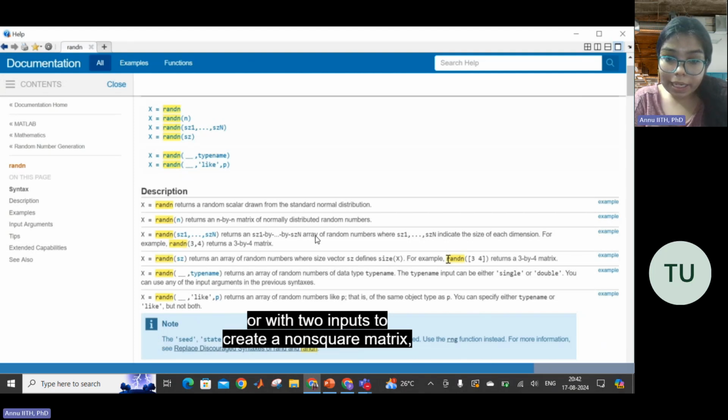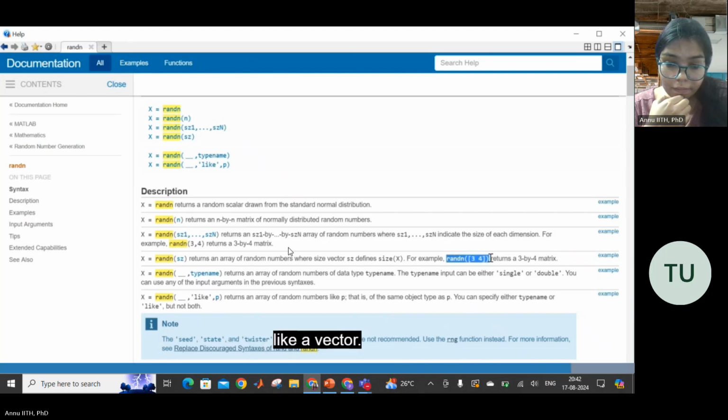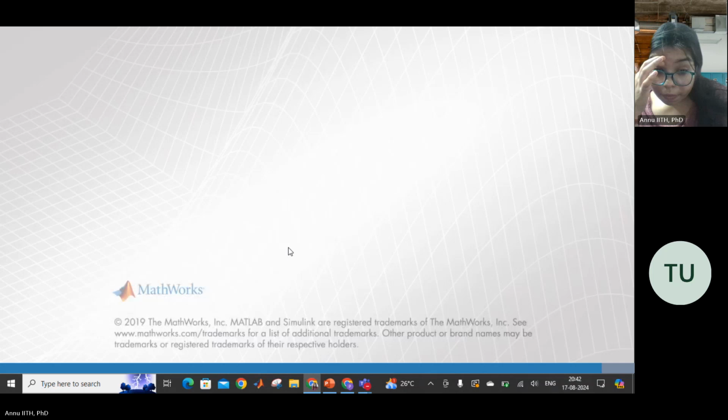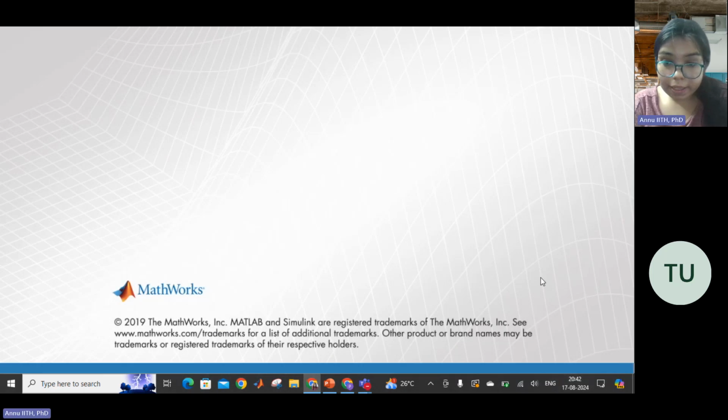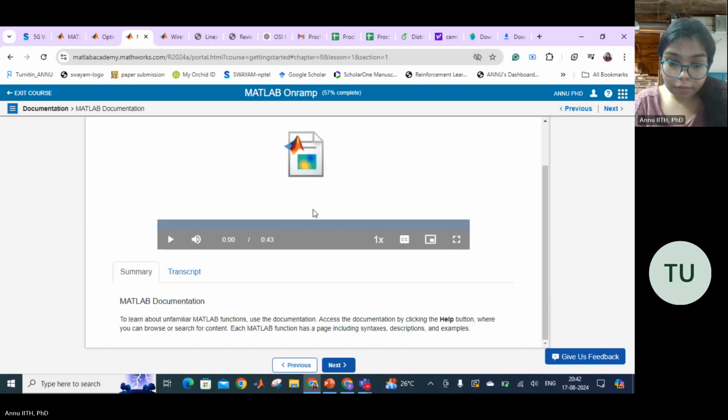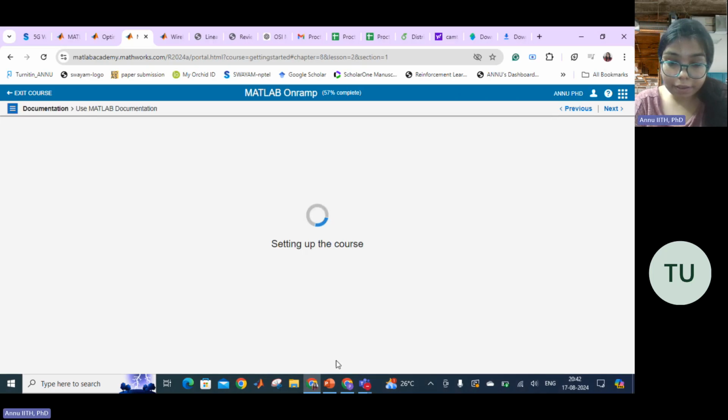So it will denote the array of random variables where SZ1, SZN indicate the size of each dimension. For example, 3 by 4. Okay. So this is the official documentation, but we will now practice something.